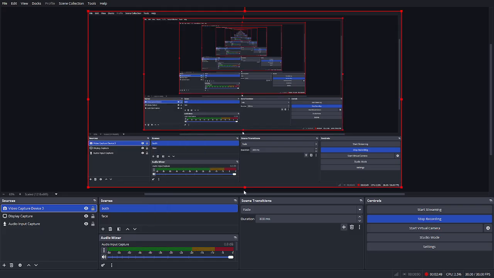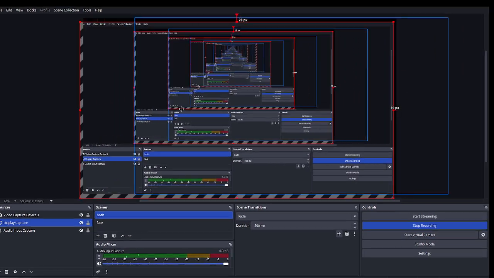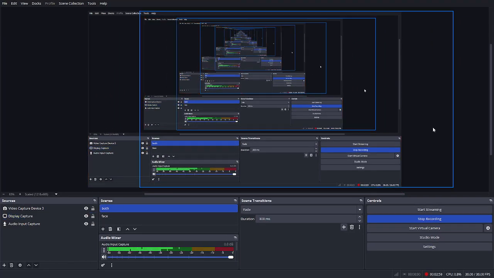Oh, let's transform this. I guess that's not gonna work. Well, you do need the face cam. Copy. Paste.